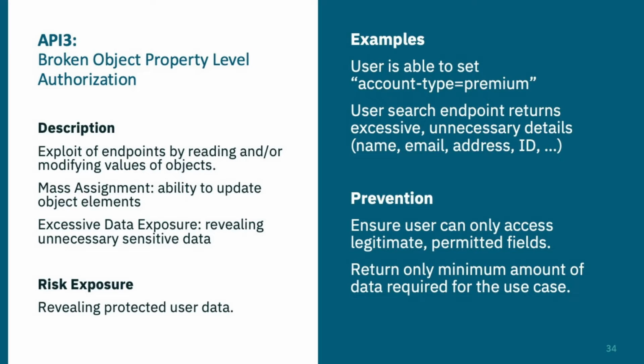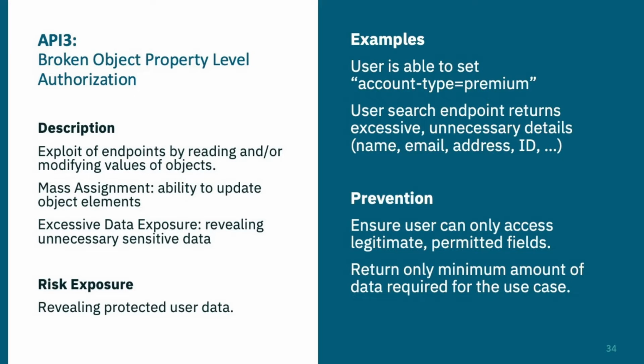Some examples of what this can look like is manipulating an object ID, say account type, and overriding, say, a free account to a premium account. Right. This is an example of a mass assignment where you can actually modify and update object values in an endpoint. Let's say you have an endpoint to do a user search or something like that.